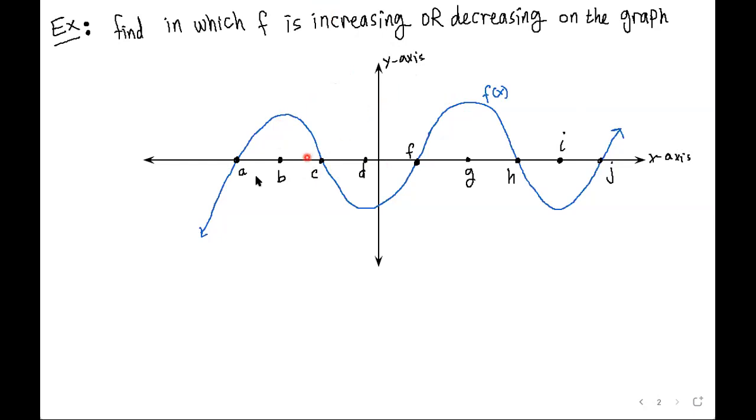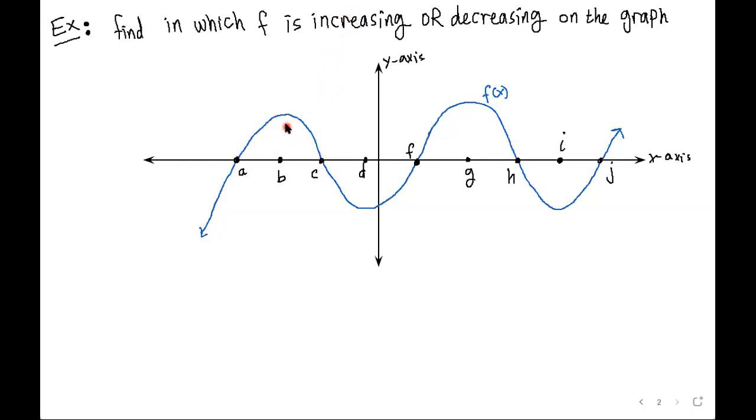From A to C, it's increasing. Hold on, from C to F, decreasing. But look, the function goes up and goes down. So A to B is increasing, then B to C is decreasing. Perfect, nice.